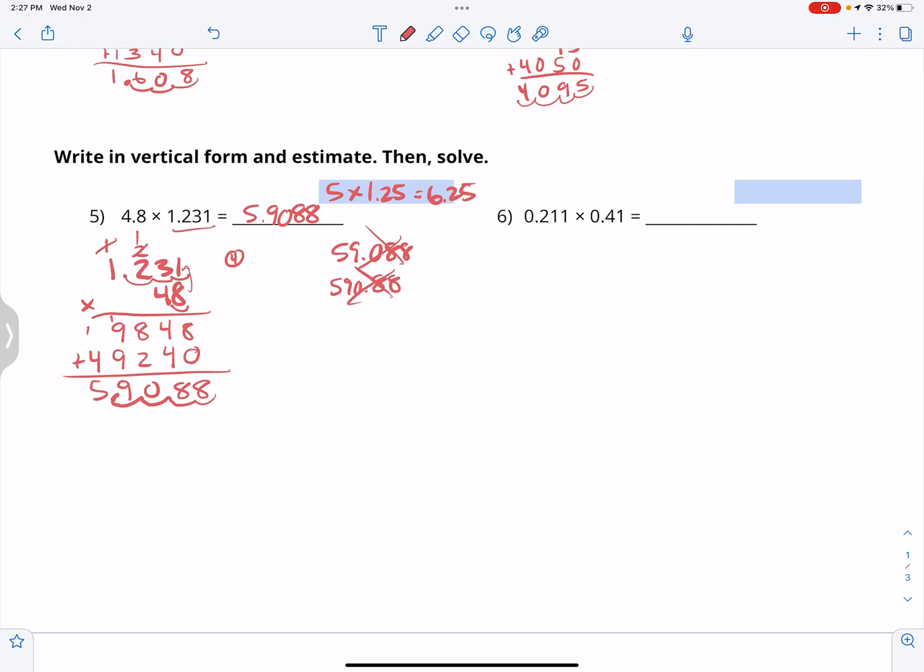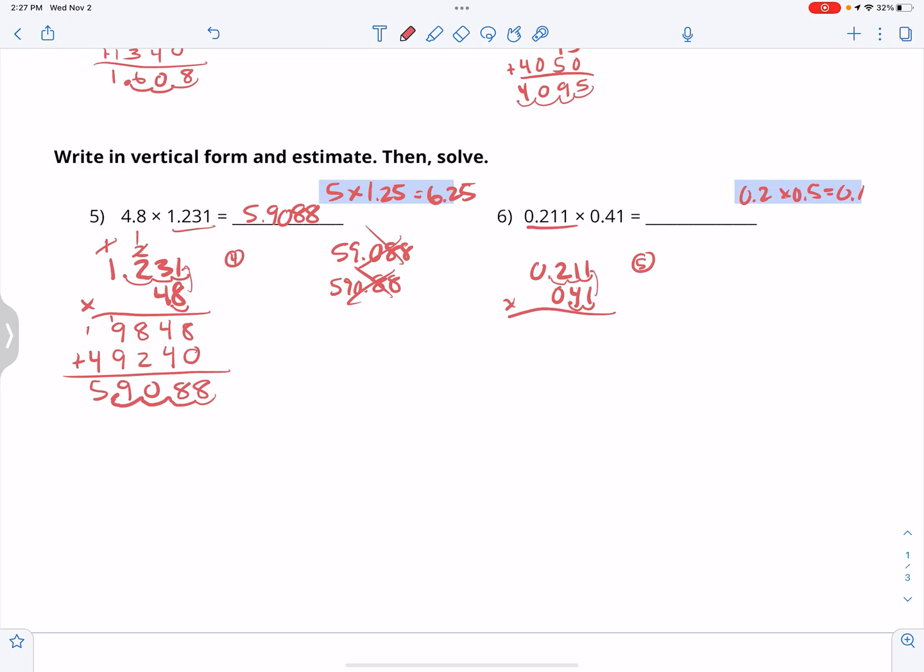And here we have, I'm going to be reasonable with 2/10 times a half would be about 1/10. So let's see. Again, this number has more digits, so I'm going to put that one on top and put that one down below. Let's count. 1, 2, 3, 4, 5.